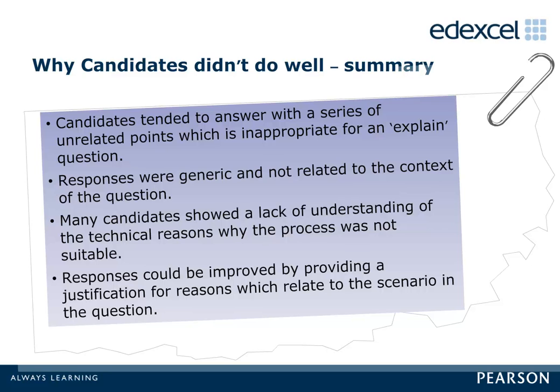Such an approach is inappropriate for an explain question. A further frequent reason for candidates failing to achieve higher marks is that their responses are generic and not related to the context of the question. In this instance, answers which stated the process was either expensive or only used for small batches did not gain credit, as these statements do not have sufficient detail.